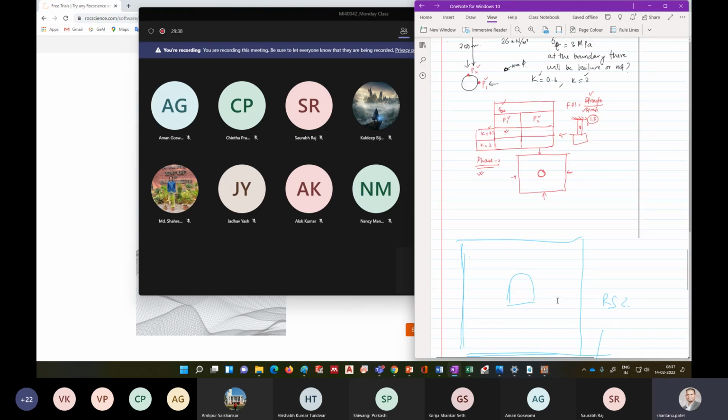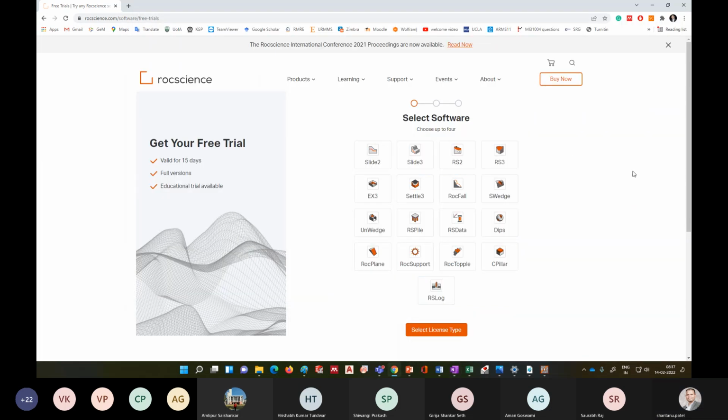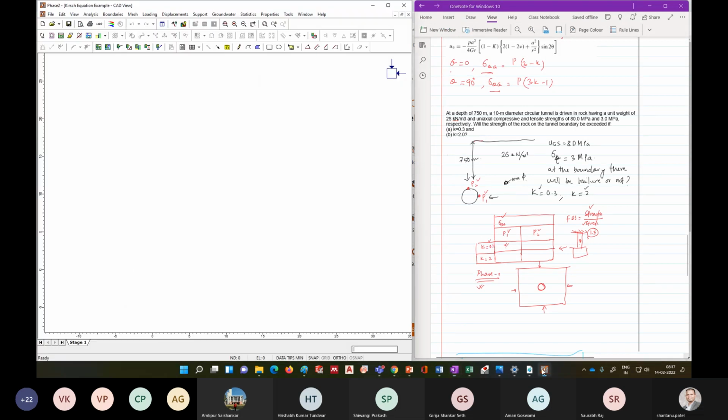Let me start with the previous example we were solving. What I can see is most of you have submitted the assignment, so I believe you understand how to solve this problem, right?